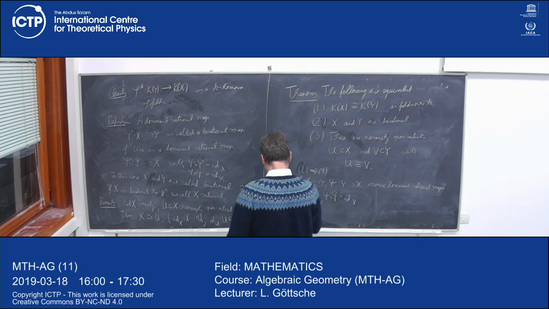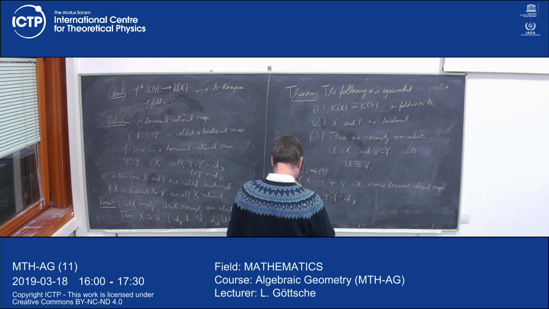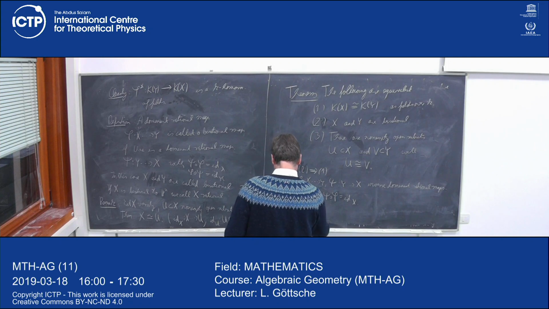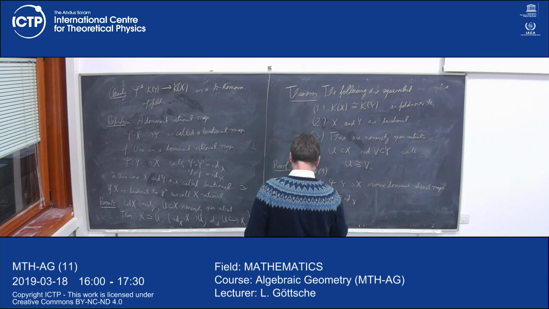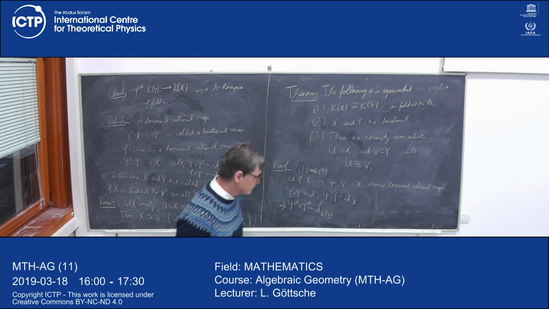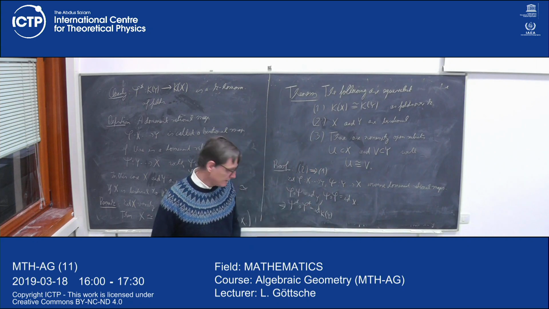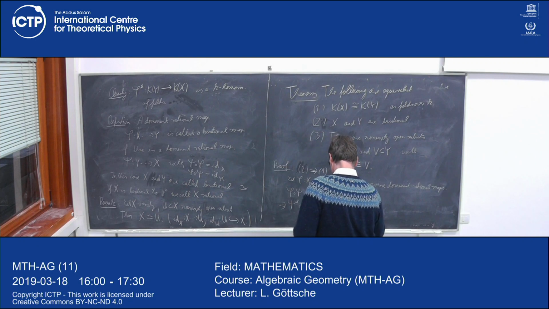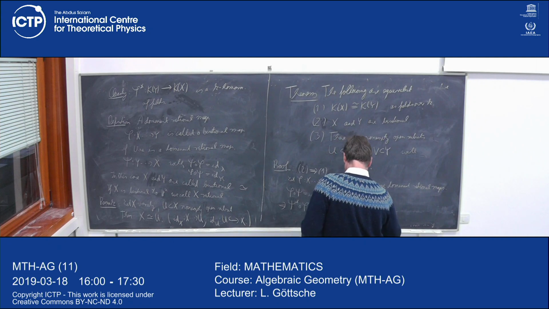So it follows that psi star composed with phi star is the identity on K(Y), just as the pullback by the identity, and phi star composed with psi star is the identity on K(X).